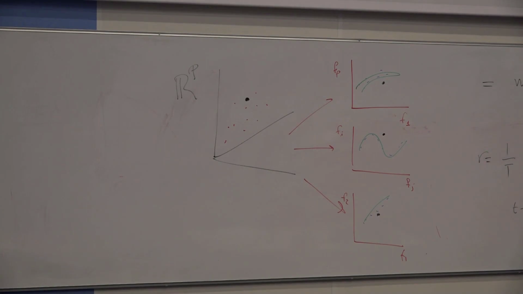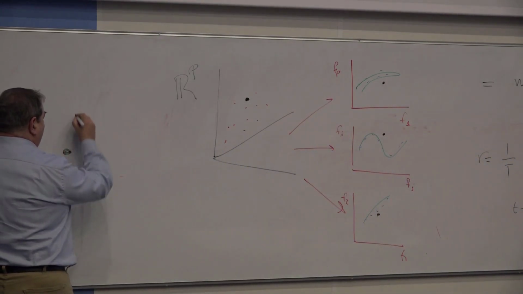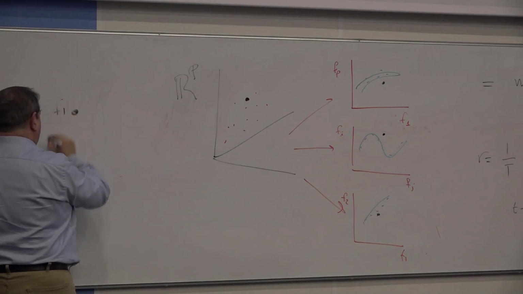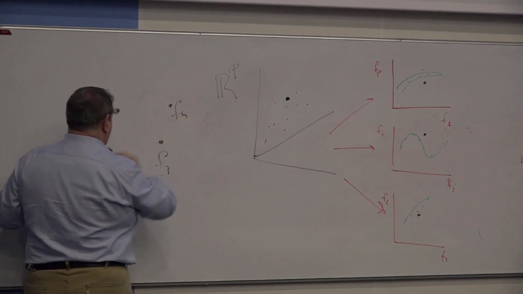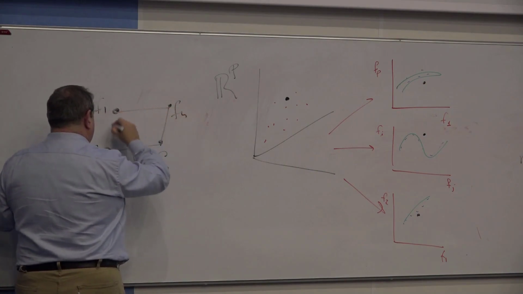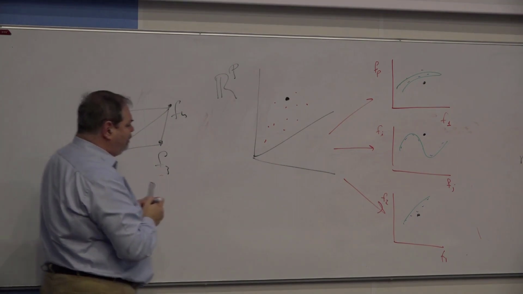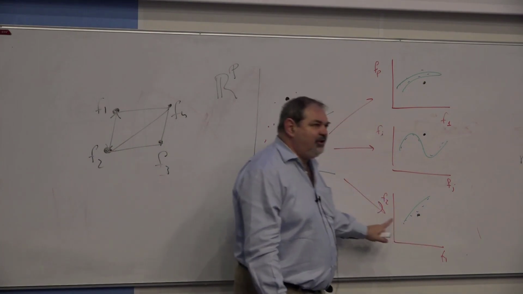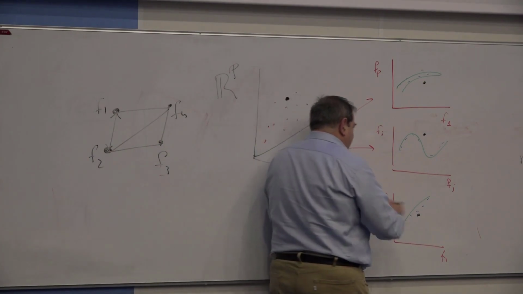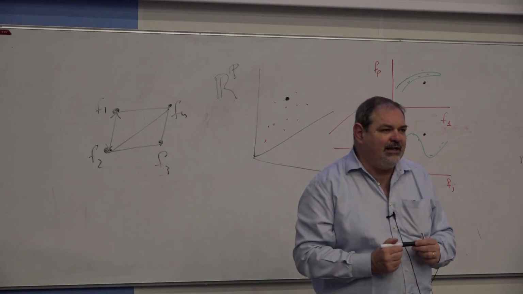And so I associate to this black person a network where the nodes are the features. So this is feature 1, this is feature 2, this is feature 3, this is feature 4. And to define the link between feature 1 and feature 2, I go to the corresponding plane, feature 1, feature 2, and I measure the distance of this point to the function, to the constraint.